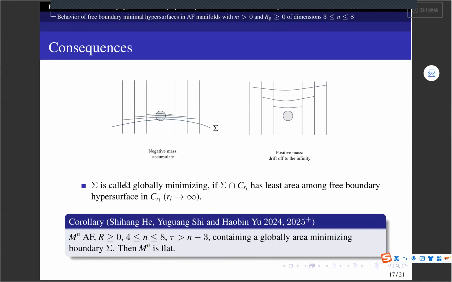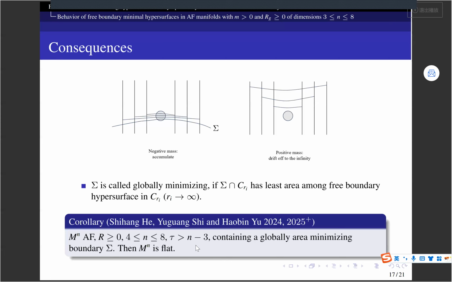And with this theory, you can also obtain a version of Schoen's conjecture. You can introduce the notion of globally minimizing. That means if we say a hypersurface is globally minimizing, then its intersection with a cylinder has the least area among all other hypersurfaces in the same cylinder.